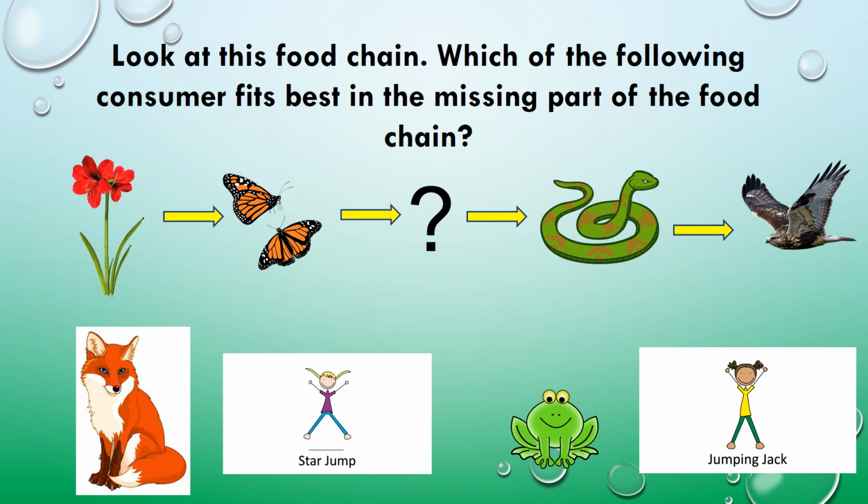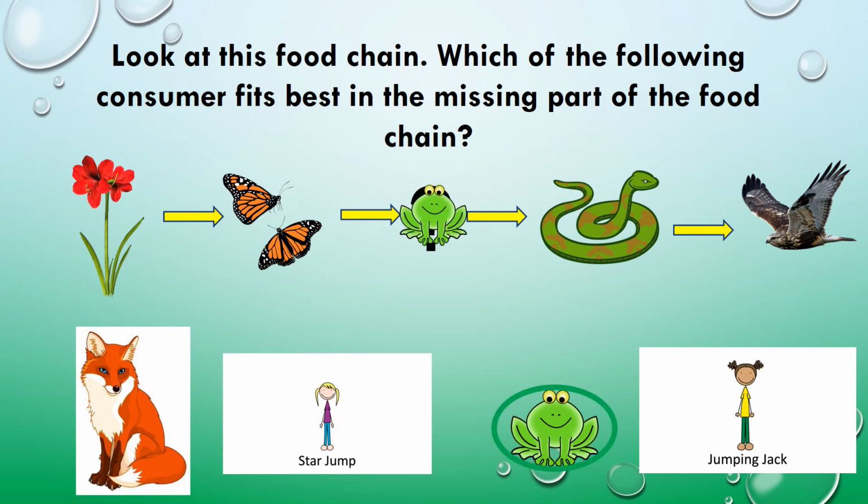Begin. And stop. Hopefully you were doing jumping jacks because the frog is missing in this food chain. The frog would eat the butterfly, and the snake will prey on the frog. The snake will not prey on the fox.